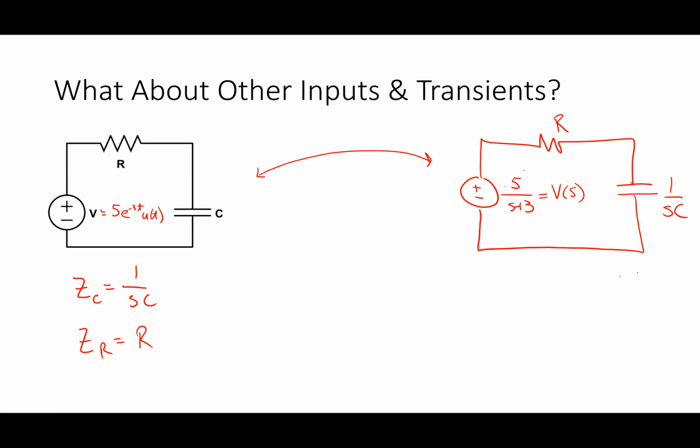So what does this look like? How would I solve for this using this approach? If you were doing impedance, how would you have solved for V sub C of S in this case? Can I say this is a voltage divider? Yes. So if I had a voltage divider, how would I approach this to solve for V sub C?